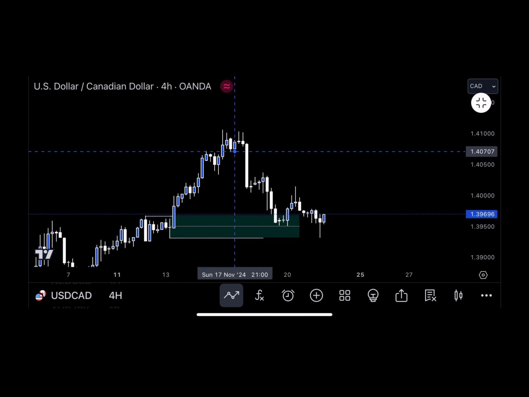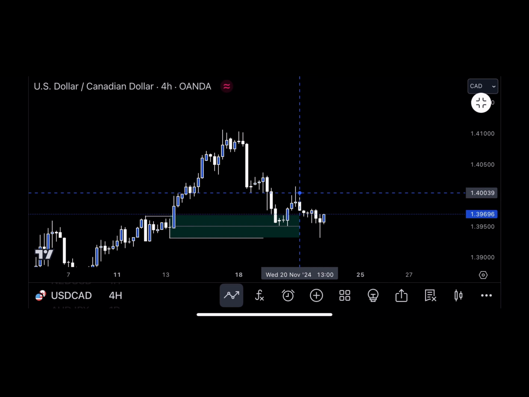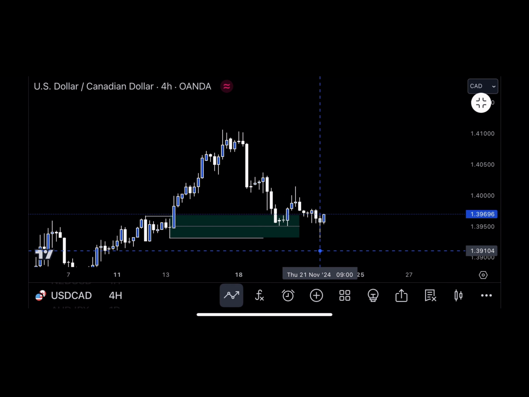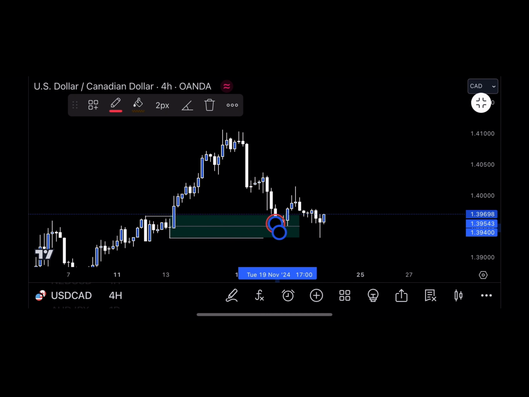Went up, came down, touched our demand zone, went up, came down and took out this liquidity here. This here is a clear liquidity. As you all know, it's a clear liquidity here. Change the color. Took out the liquidity here, as we all can see.